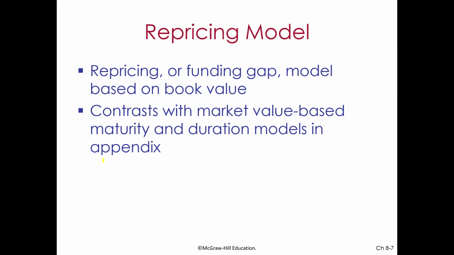Put simply, the repricing model or funding gap model is essentially a book value accounting cash flow analysis of the repricing gap between the interest revenue earned on a financial institution's assets and interest paid on its liabilities over some particular period.